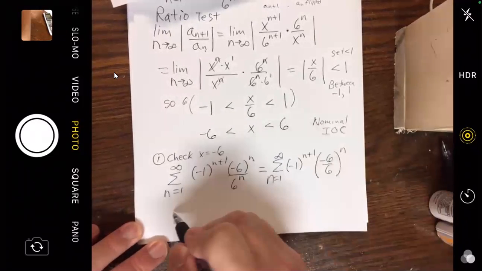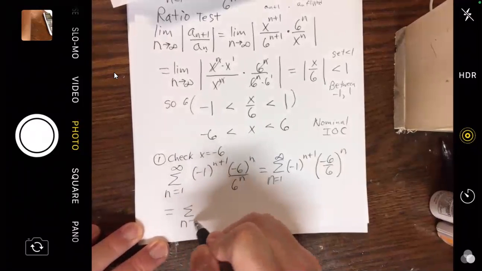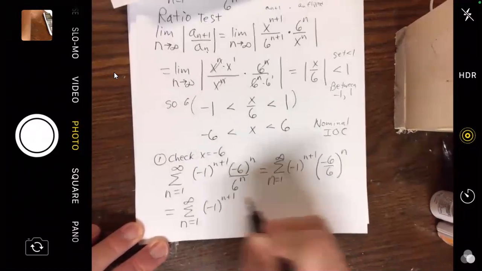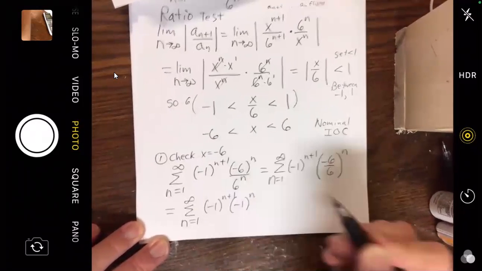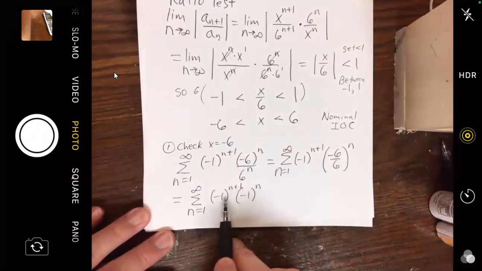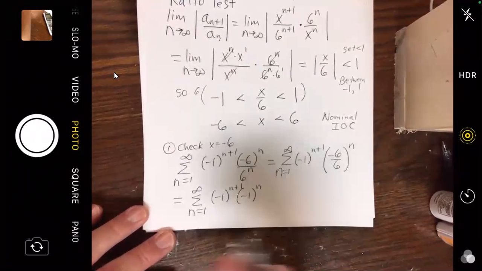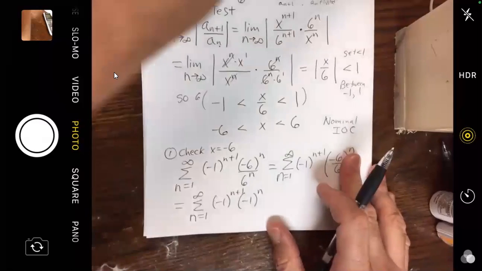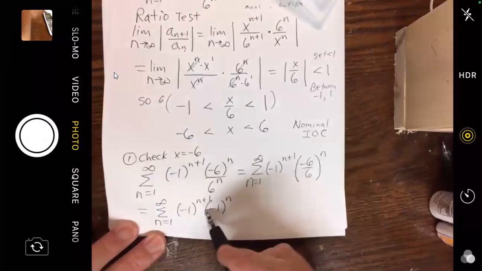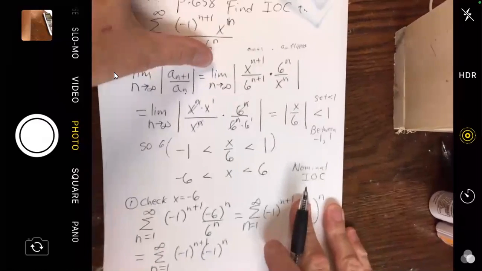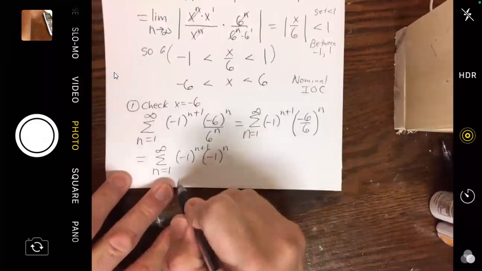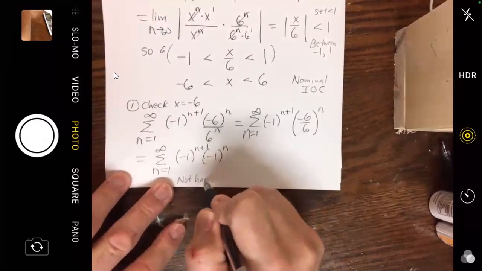So I get -1 to the n+1 times -1 to the n. Again, if you were really slick, you could add the n's here, -1 to the 2n+1. I'd never do that. I just start writing out pieces. And notice this is not harmonic. There's no n on the bottom.